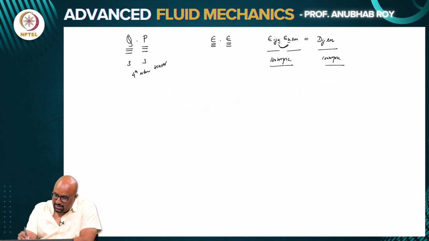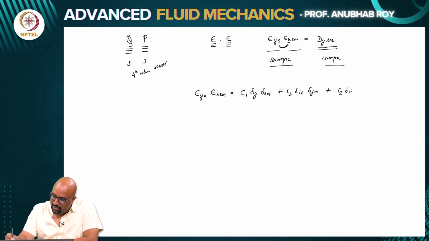Let me just write this carefully. Epsilon_ijk epsilon_klm is an isotropic tensor in ijlm. So, that is delta_ij delta_lm, delta_il delta_jm, delta_im delta_jl.